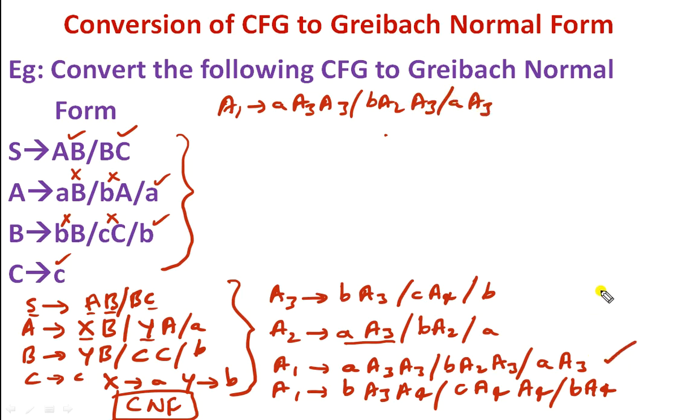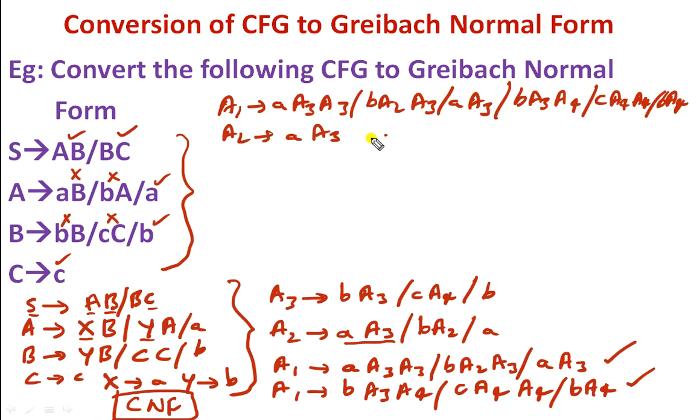Next A1 generates b A3 A4, or c A4 A4, or b A4. Next A2 generates a A3, or b A2, or a. Next A3 generates b A3, or c A4, or b.